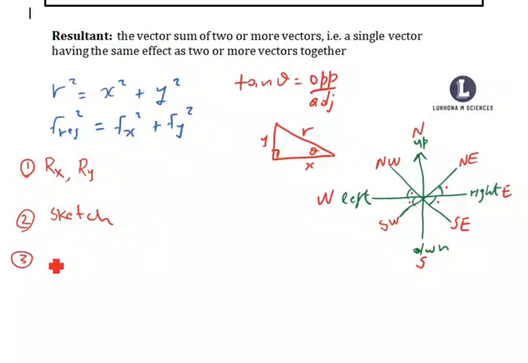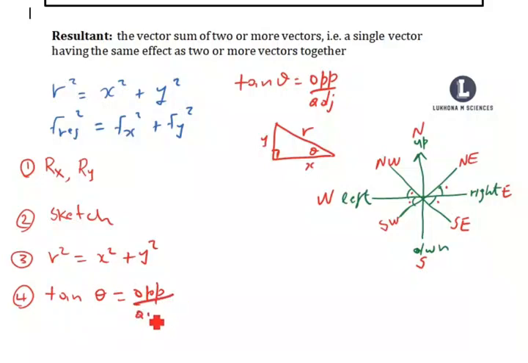After that, we use Pythagoras theorem. R squared is equal to x squared plus y squared. After that, we use tan theta to get the direction. Tan theta is opposite over adjacent.